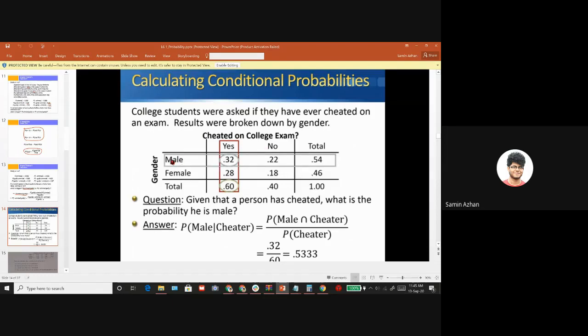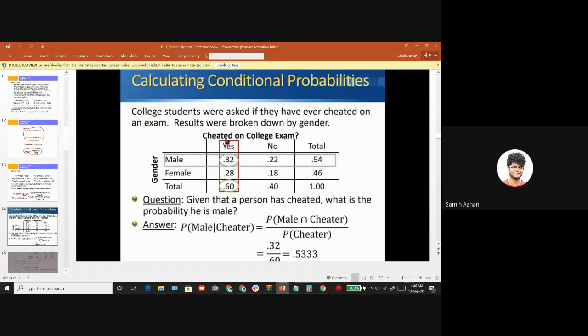If a student is a male and they cheated, the probability of that is 0.32, and the probability of a male not cheating is 0.22. So in these tables, you have to keep in mind that it should always add up to 1.